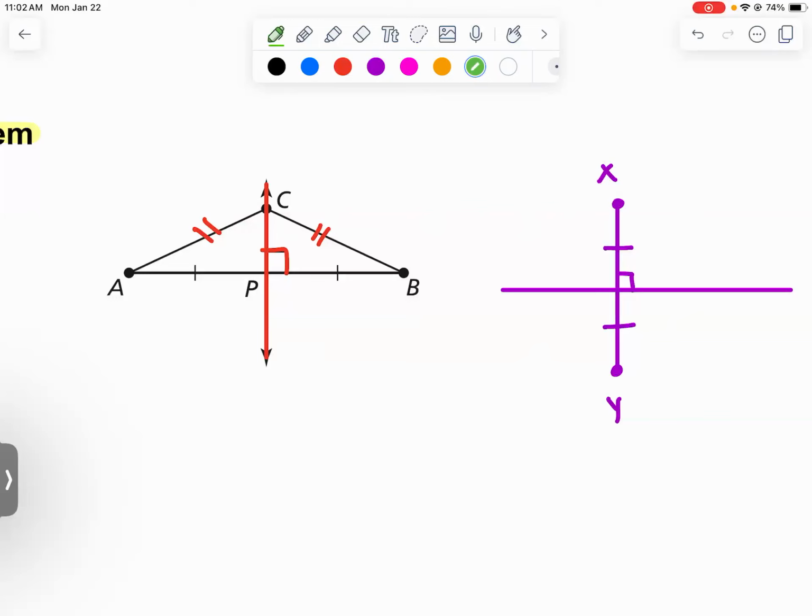So I could put a point right here, and when I connect them to those endpoints, I know those segments have to be equal. Now I could make a point out here, and they have to be equal. No matter what point I make on that perpendicular bisector line, when we connect them to those endpoints, we're going to have congruent segments. That's what this theorem is saying.